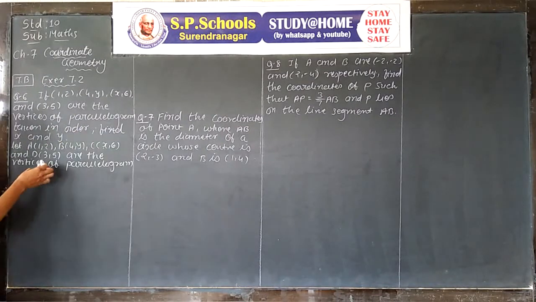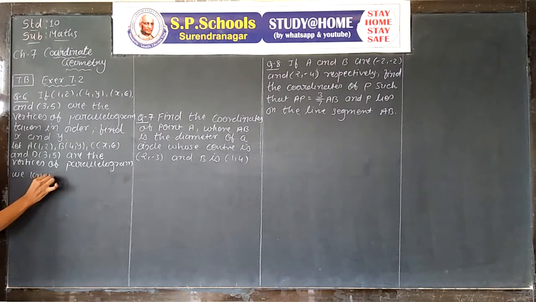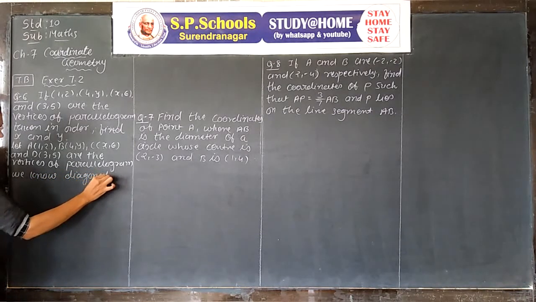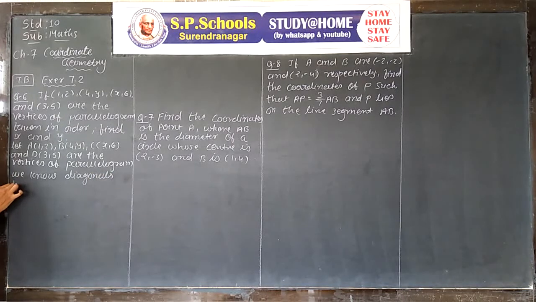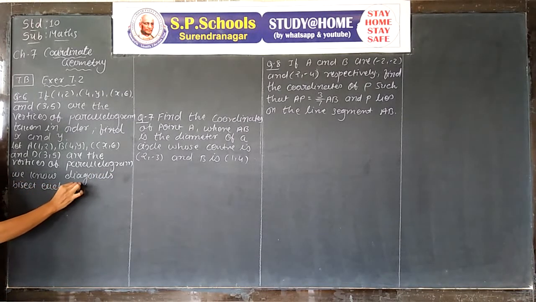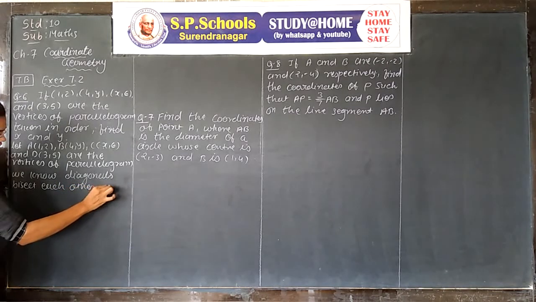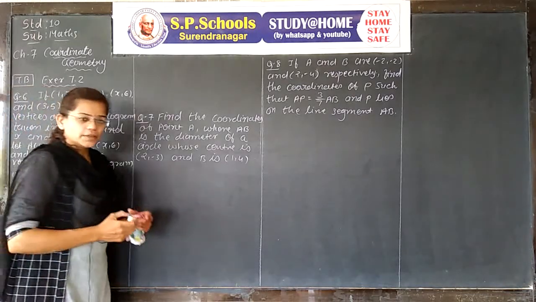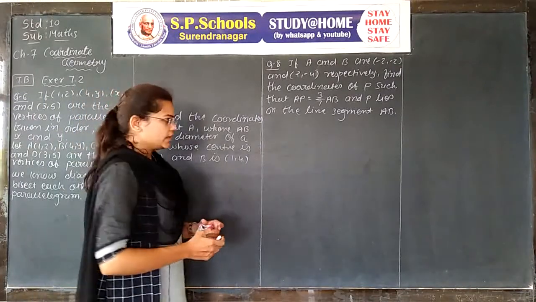We use this characteristic. We know diagonals bisect each other in a parallelogram. Means what? The midpoints of the diagonals are equal.